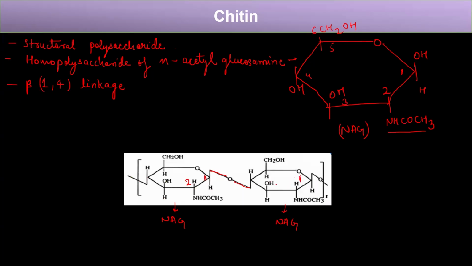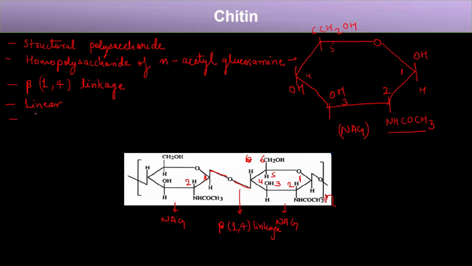Similarly here, first, second, third, fourth, fifth, and sixth position. Here the first and fourth position OH groups are participating in the linkage, and hence this linkage is beta 1,4 linkage. And here this n represents that there will be multiple units of this on both sides. So this consists of beta 1,4 linkage, and the structure is linear. Again, chitin is a linear structure.